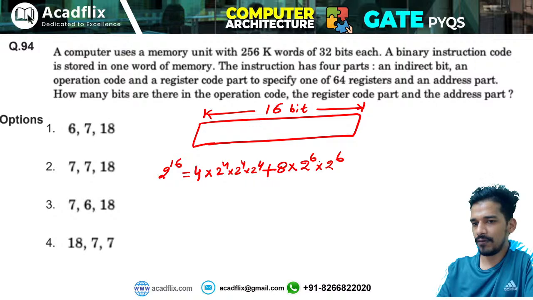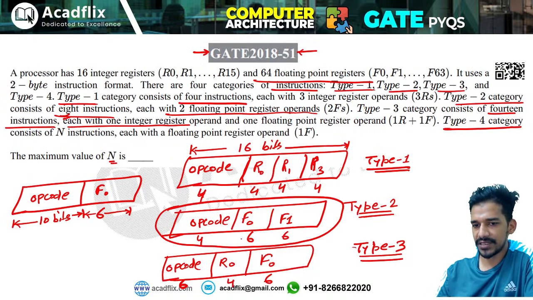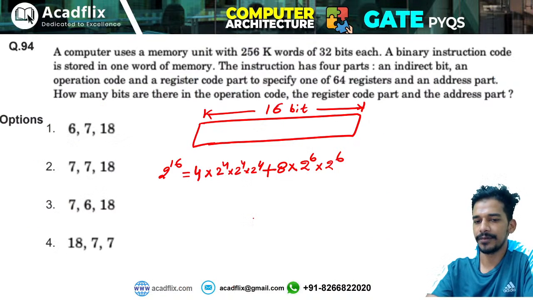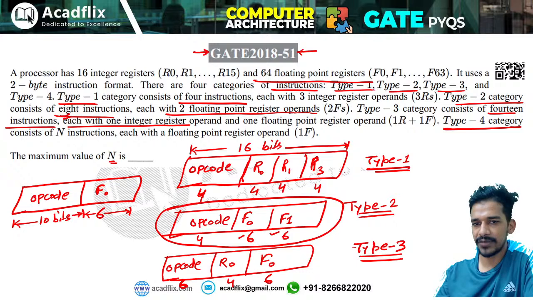Because the address part is of 6 bits, that means 2 to the power 6 floating point operands are possible, right? Then you have type 3 instructions, which consist of 14 instructions, each with one integer register and one floating register.